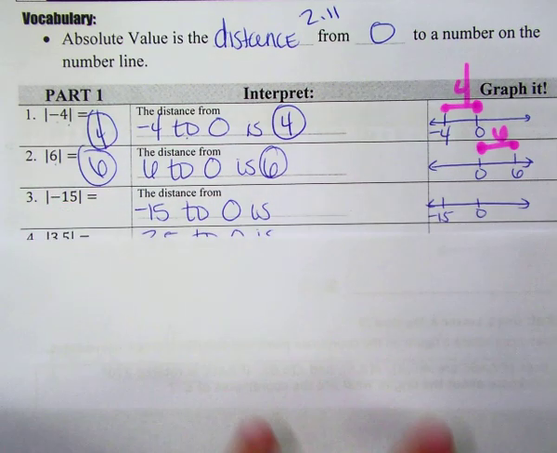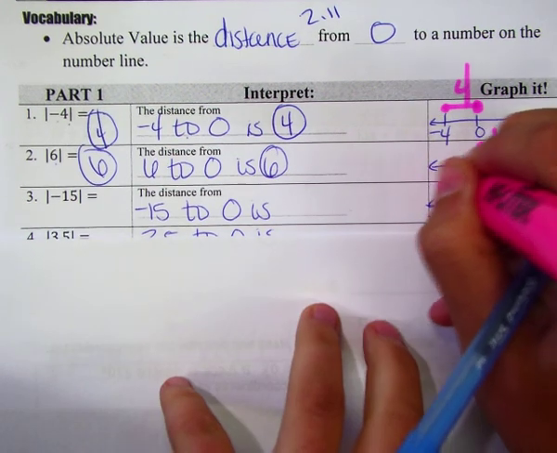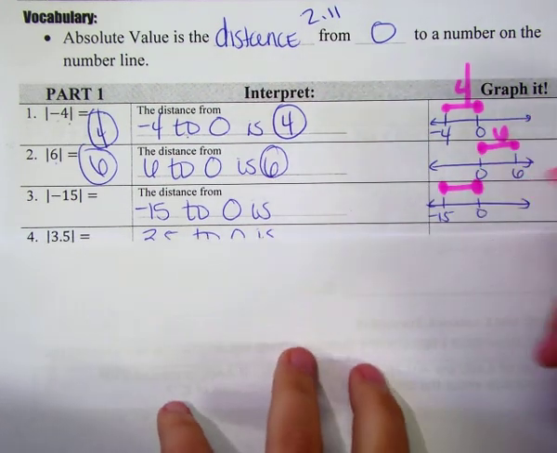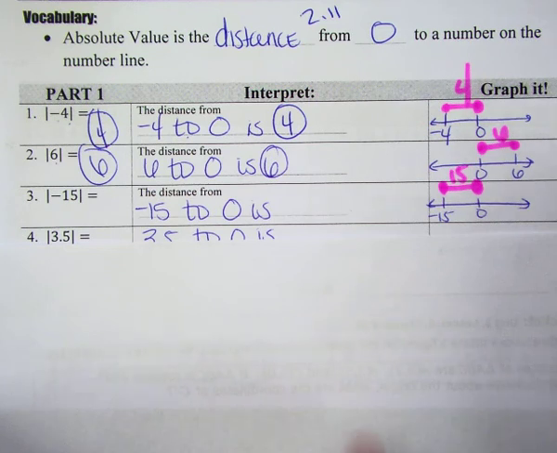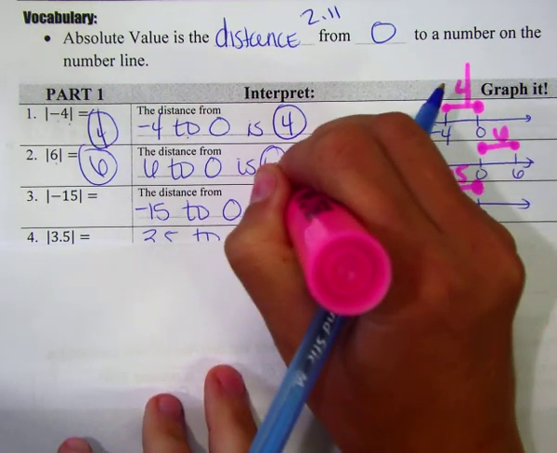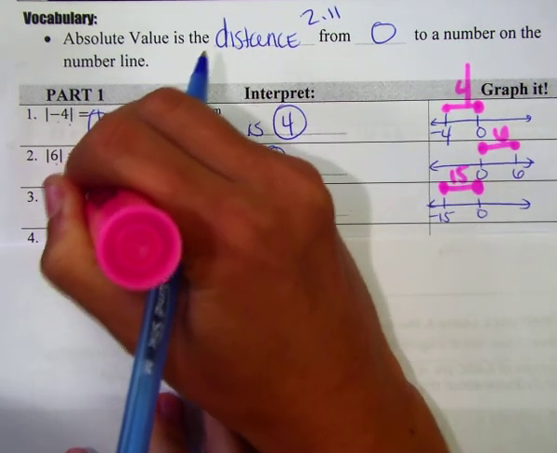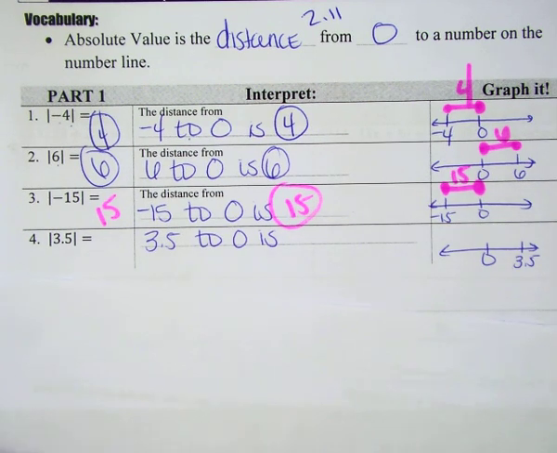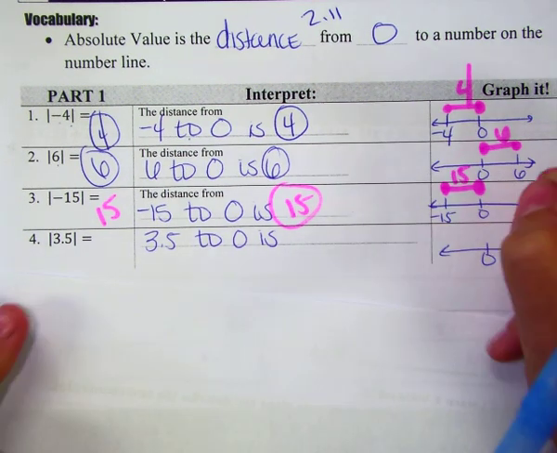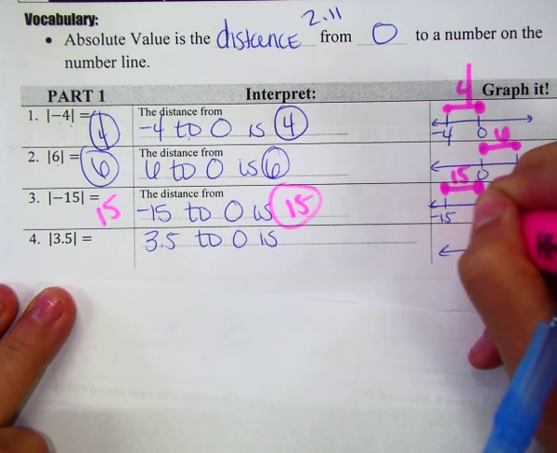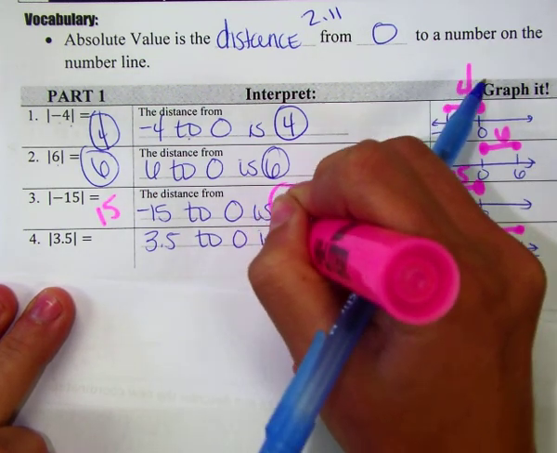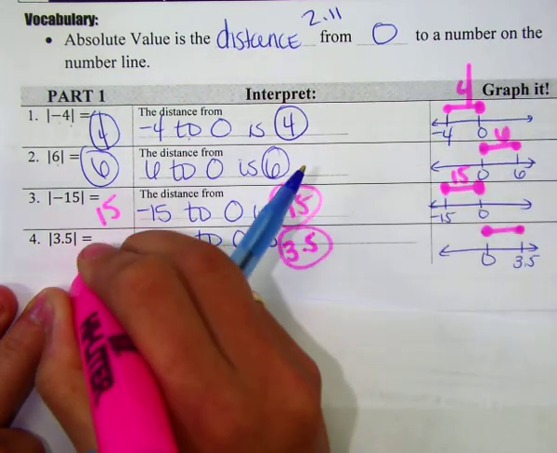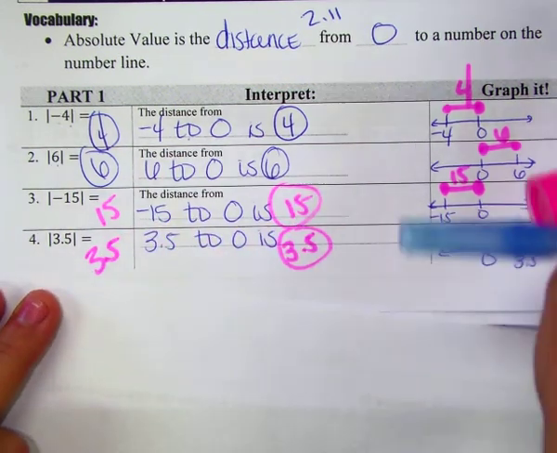So again, if we look on our number line, -15 is on the left, and it's going to be 15 units from 0. So the answer is 15. Last one, distance from 3.5 to 0, it's going to be 3.5 units. So the answer is 3.5.